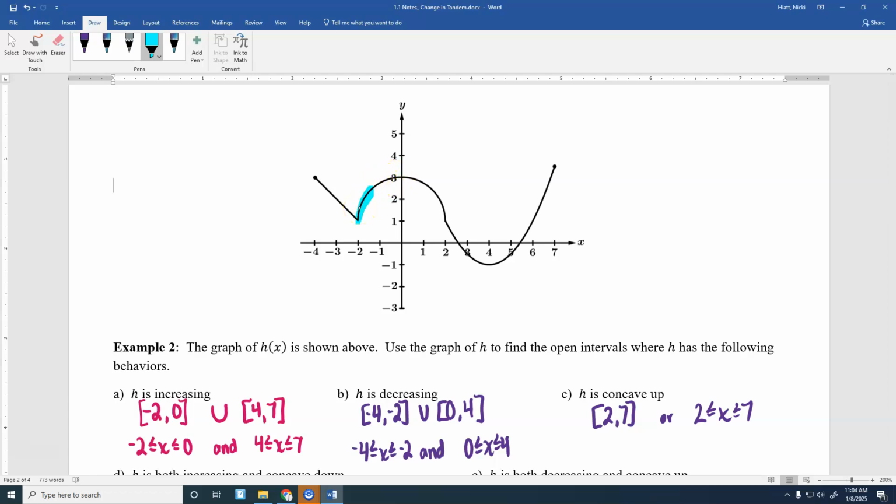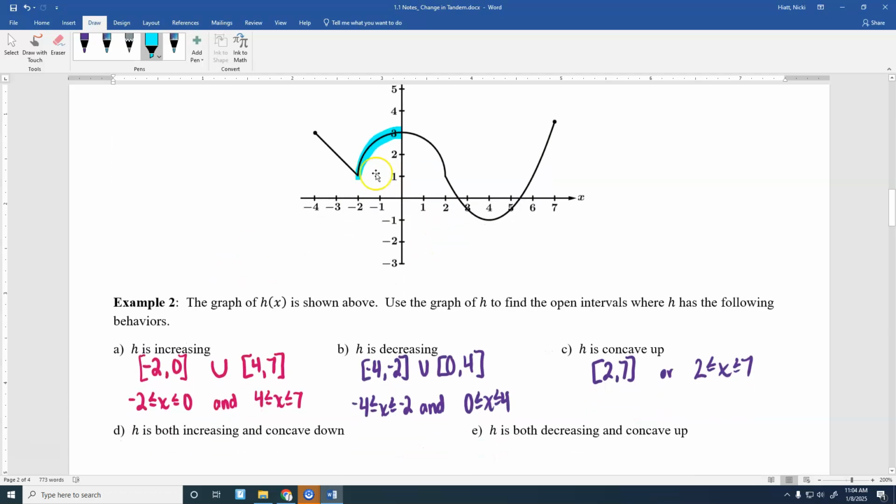So increasing, concave down, but I need to stop right here because at that point I'm still concave down, but am I increasing? No, decreasing. And then all of this is concave up, so it can't be part of our answer either. So for this, we would have -2 to 0, or we could write it -2 less than or equal to x less than or equal to 0.